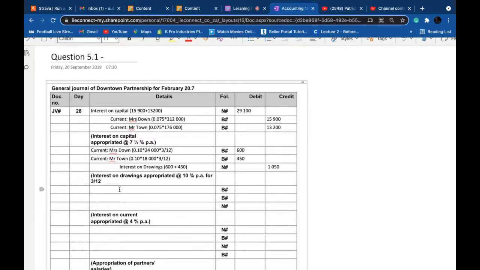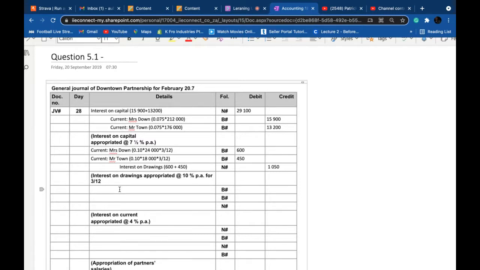So here we look at the respective partners' balances. Looking at the current account, we see Mrs. Downs has got a debit balance on her current account, her opening current account balance.